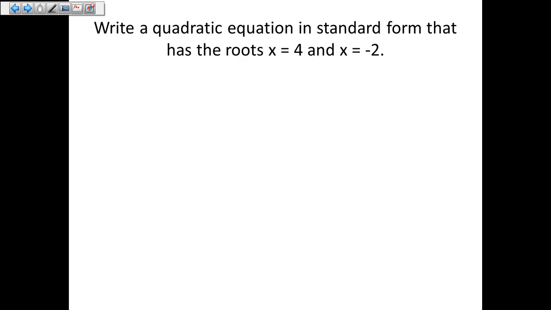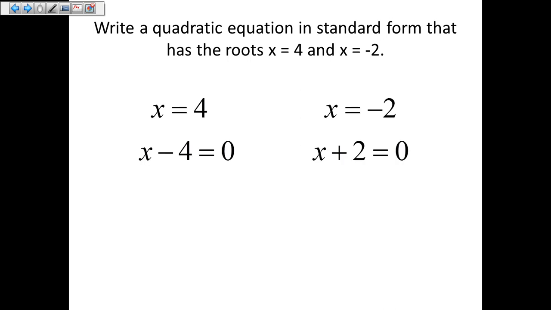Now, if we want to write a quadratic equation in standard form with some given roots, this is basically the opposite of what we've just been doing. We've been trying to factor out these quadratics in order to solve them. Now we're going to do the exact opposite. We're going to create two binomials and multiply them together to get a quadratic. Our two binomials come from x equals 4 and x equals negative 2.